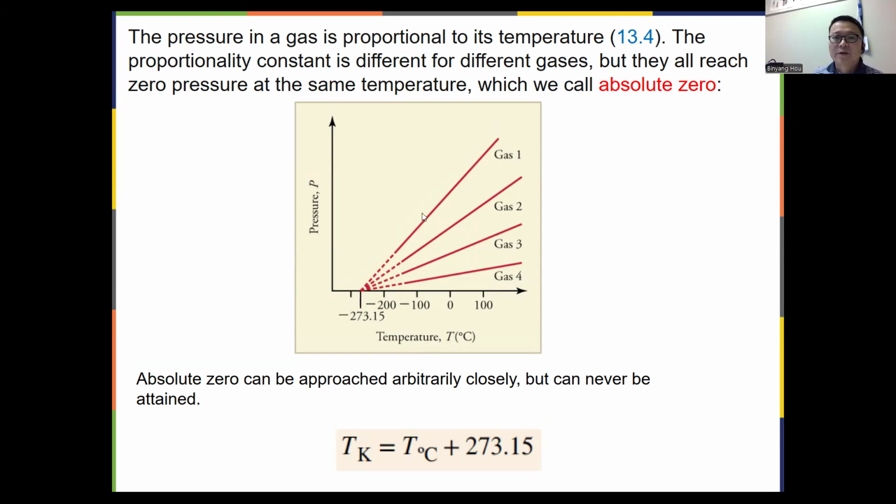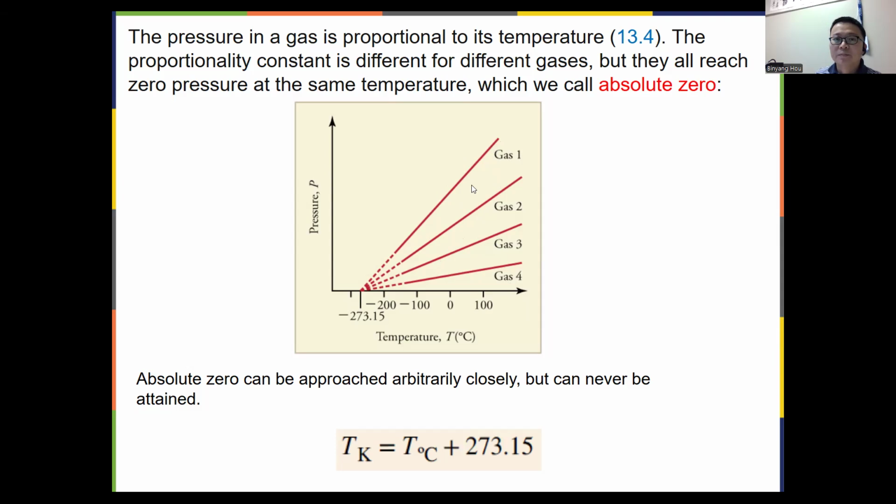So if you have different gases, as I said, under the same temperature you have different pressure, and they're all linear here. When you do the experiment, you can take a few different temperature points and measure the pressure for different gases. At the end, you'll have different slopes of lines representing different gases.